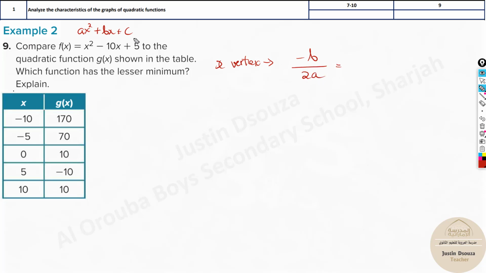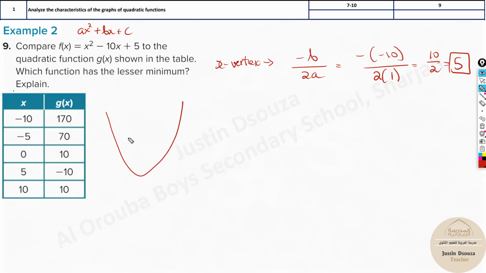All you do is substitute. What is the b value? Minus of -10 divided by 2 times a. What is a? 1. So the answer will be 10 by 2, that is 5. The x coordinate of the vertex is 5. So now for this one, they have told minimum, that means it's going like this, okay? This x value we found out to be 5. What is the y value?